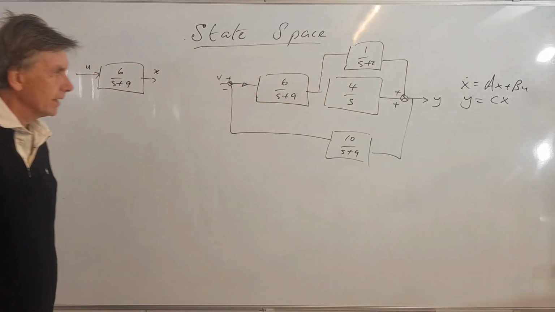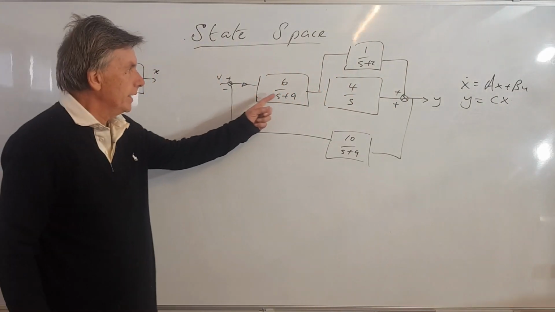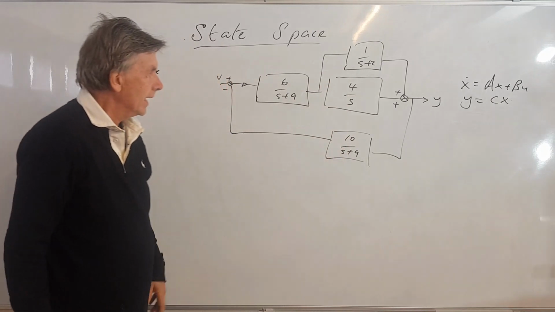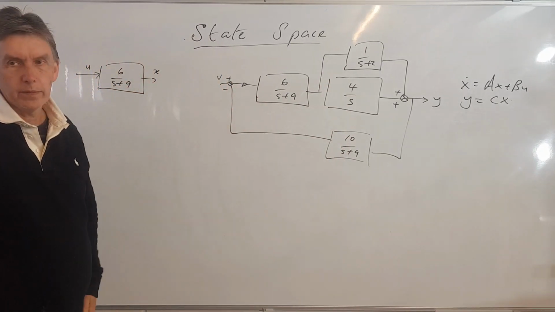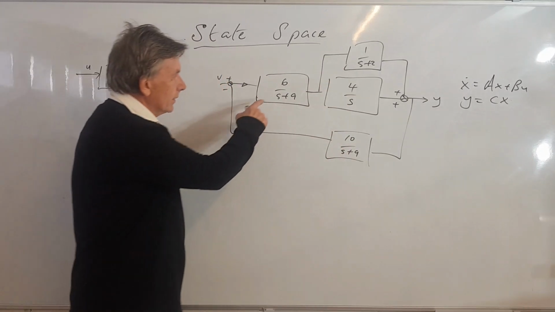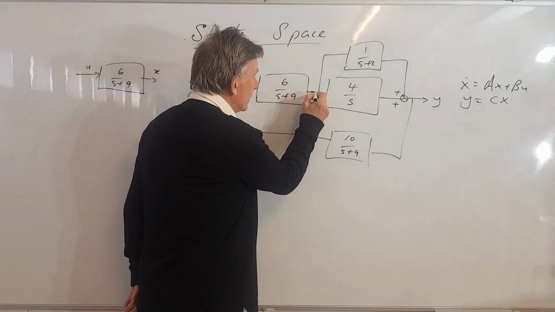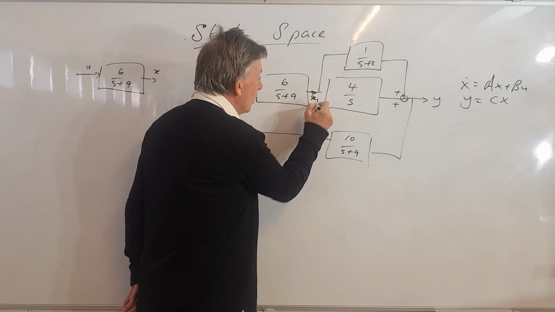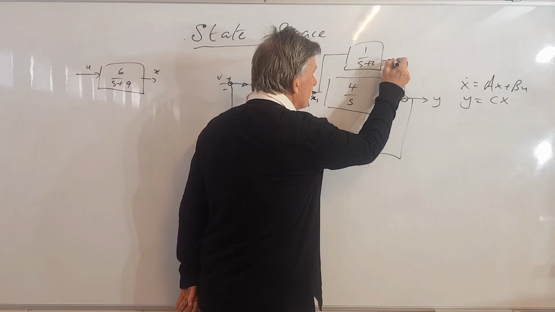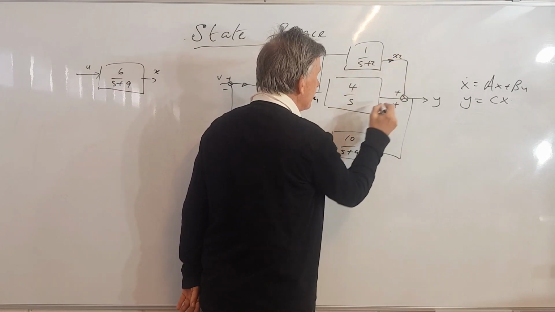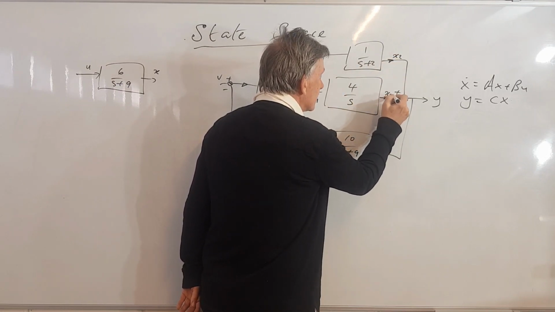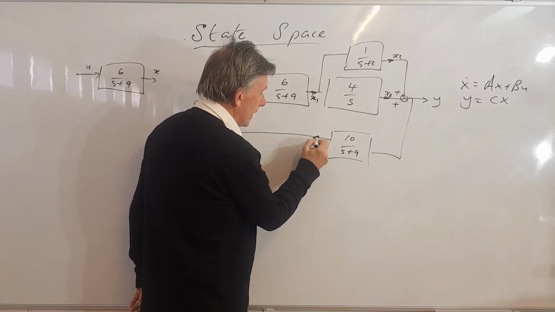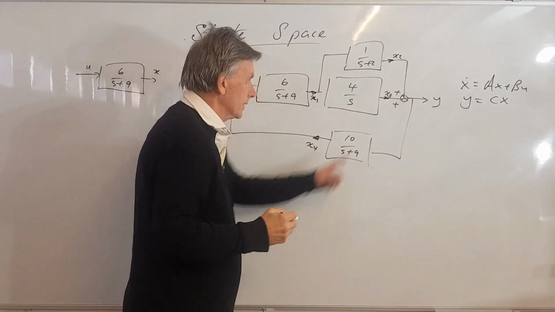The basic thinking behind this is to do each block in turn and label each output from the block as a state. So if you've got a block with an s in, we could label that, say, as x1. You've got another block, label that x2. This one, x3. And this one's going that way, so it'll have to be x4 because the signal's coming around this way.